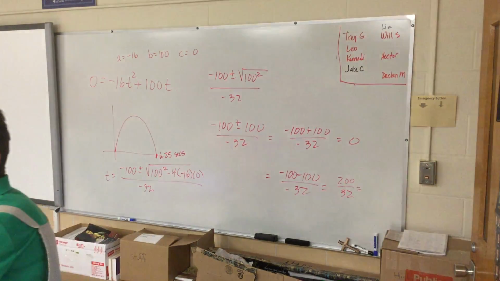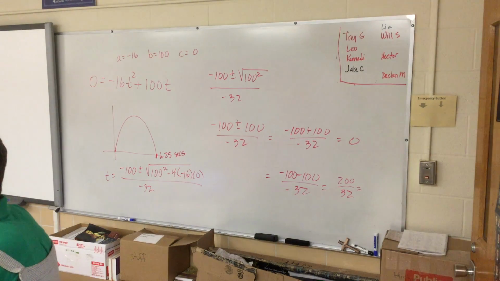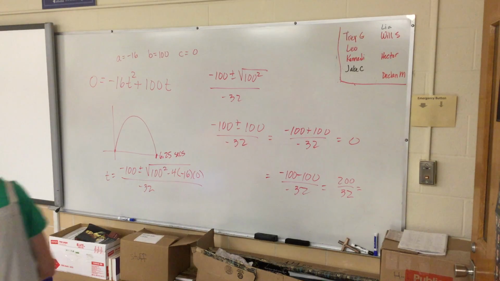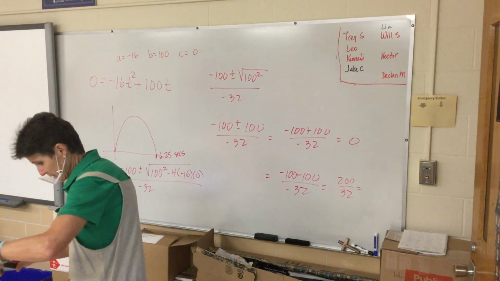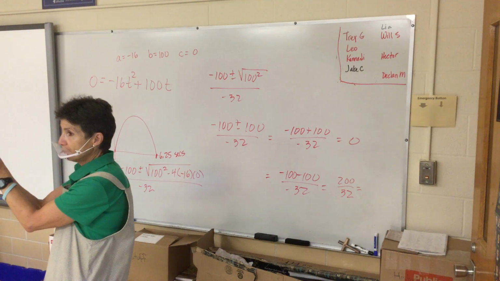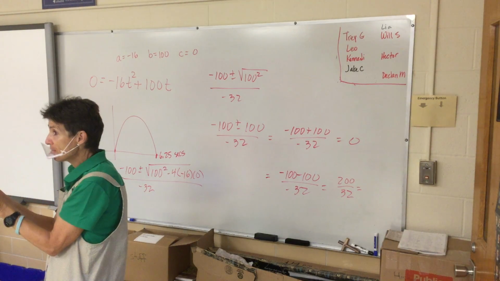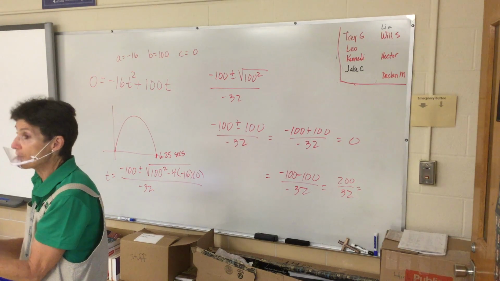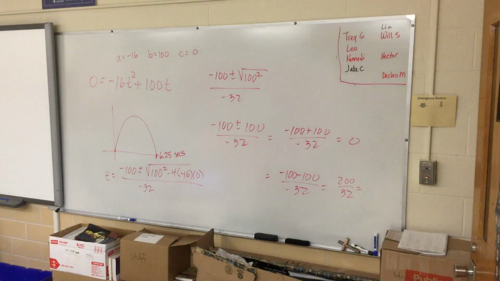So if you wanted to leave that as a fraction, but reduce it, so I don't want a decimal, I want a fraction, type in 200 divided by 32, it equals, and then you have on your calculator a button that says math. It's in the first column, third. Hit math. As soon as you hit that, the very first thing that comes up is frac. Hit enter, enter, and it will reduce that fraction.